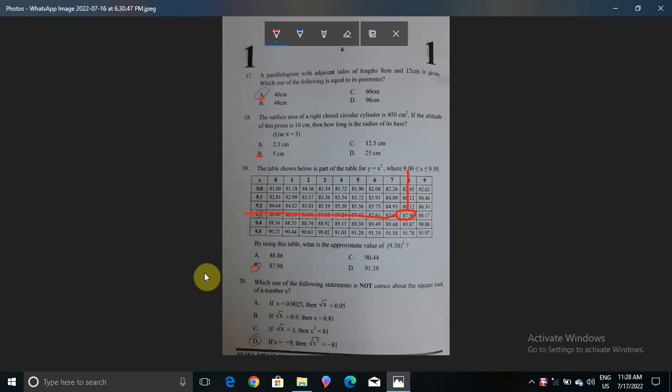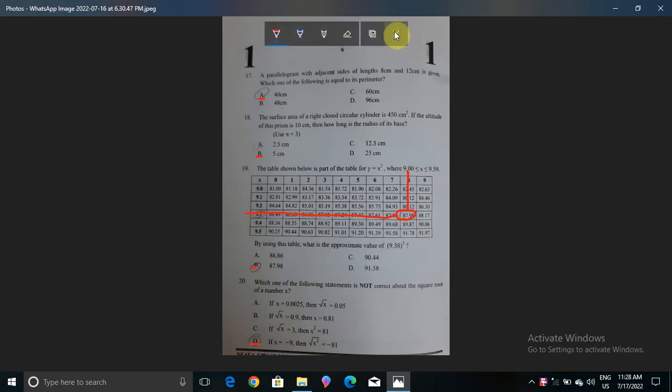Then here, if x is equal to -9, then radical x squared is equal to -81. No, it's not correct. Why? Because a square root can't and never will be negative for negative numbers. So the one which is not correct about the square root of a number x will be choice D.